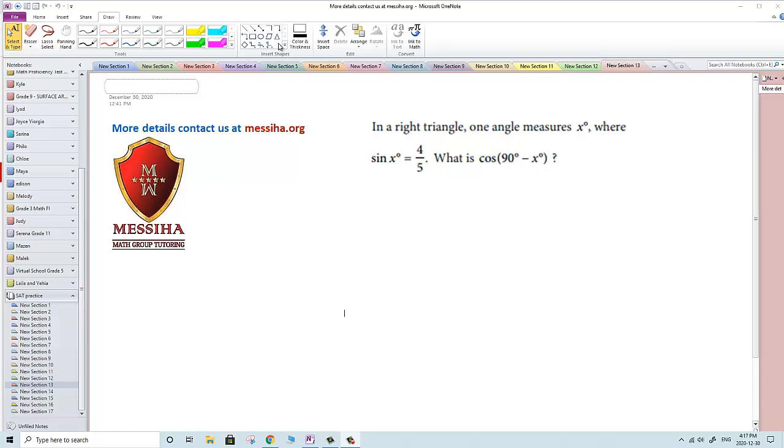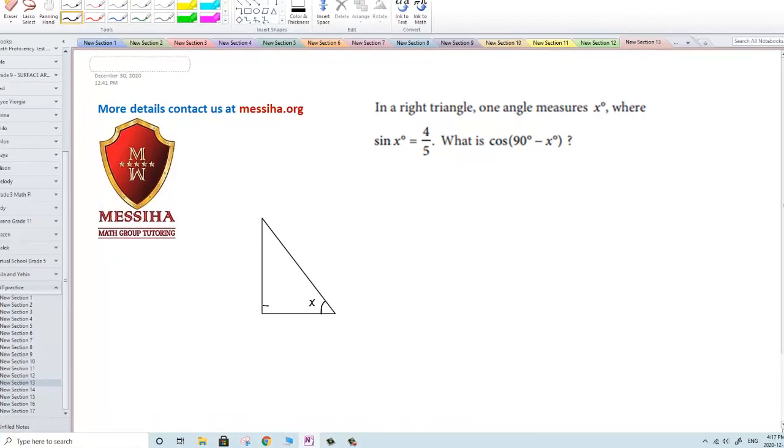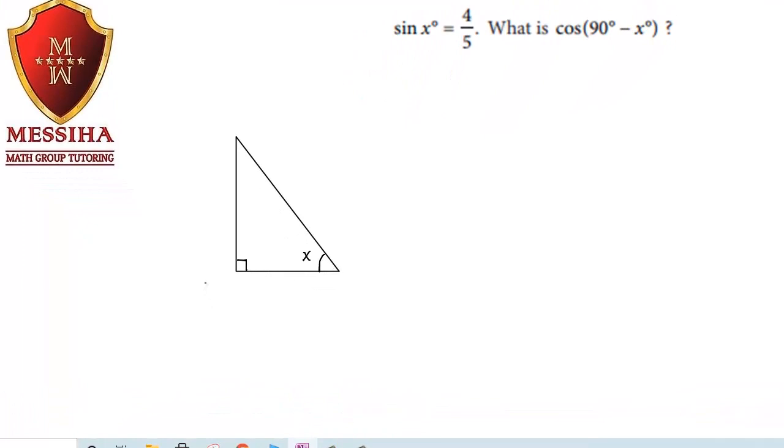So first of all, I want to show that when we have a right triangle, let's say something in this way. If I have x here, and this is a 90 degree, and we are saying the sine is 4 over 5.